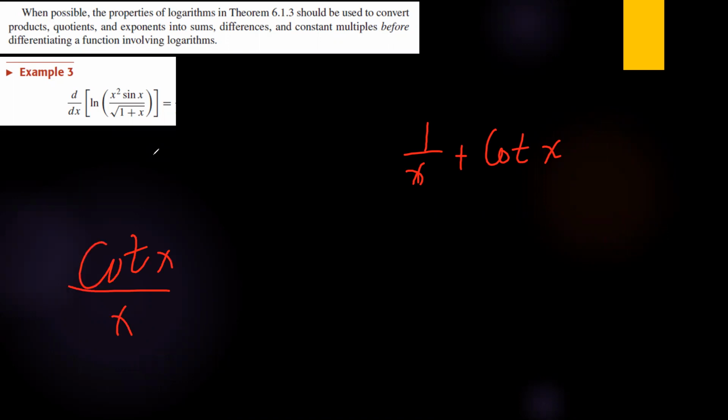So when you get this answer, you have to convert it, since they are divided, this 1 over x times cotan x.